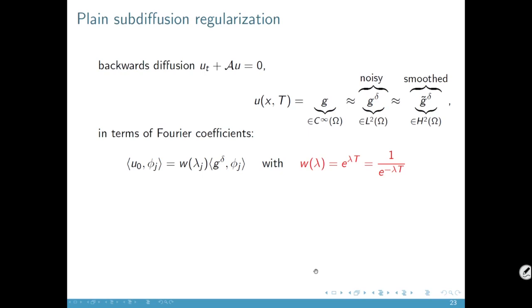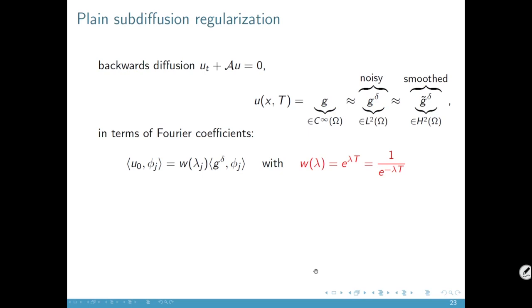And then at one point, we will also need a smoothed version of this L2 data, which I will denote by G delta tilde.